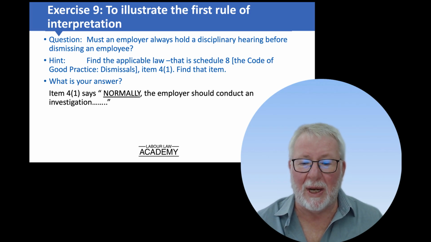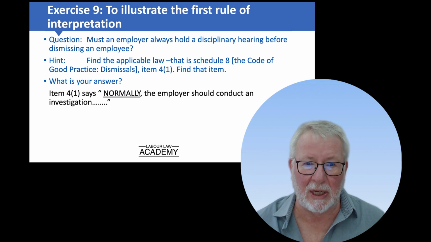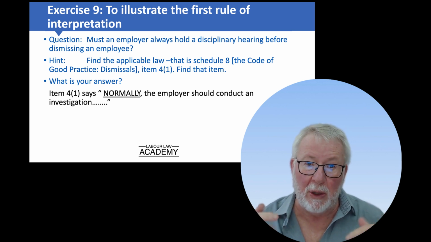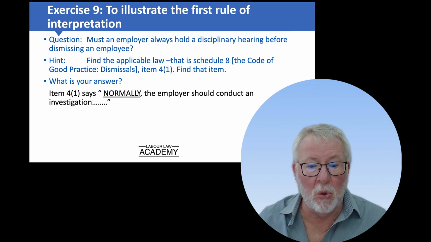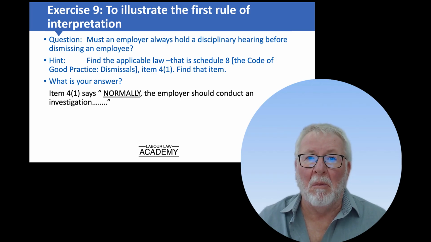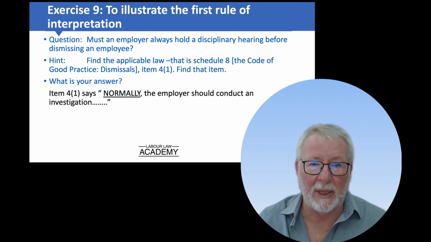They refer to it as an investigation. Okay? So that's the first kind of practice, getting used to the terms used in the Labour Relations Act. But the other thing is what are the words? What does it say? Normally. So normally means most of the time. That's what it means.